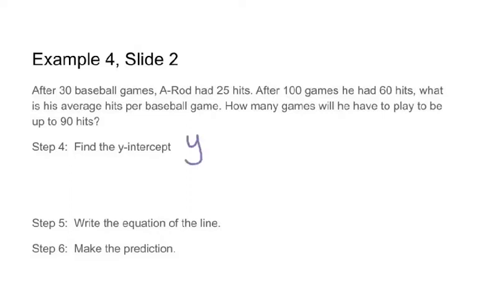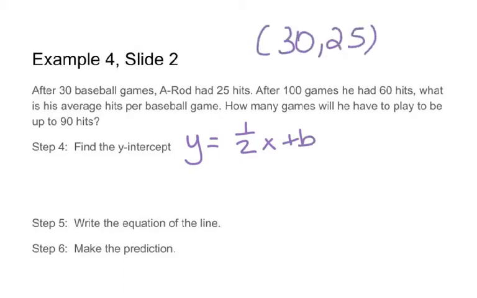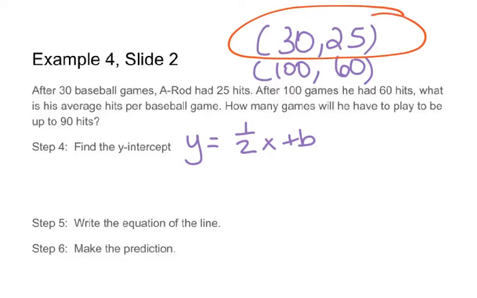So we're going to have y equals 1/2 x plus b. Remember, after 30 games, he had 25 hits. And after 100 games, he had 60. So I can pick either one. I'm going to pick this one and plug in the y value and the x value.